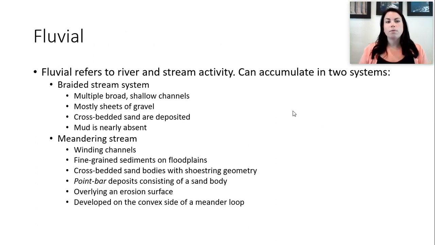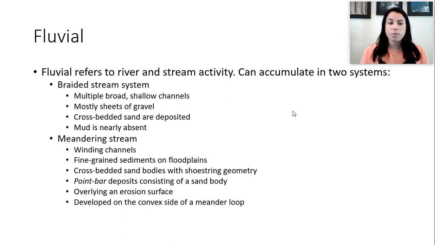So when we talk about a fluvial system, remember that means it has to do with rivers and stream activity. And these can accumulate in two different ways. One is a braided stream system and the other is a meandering stream. So the differences between the two. In a braided stream, you have broad, shallow channels, and you see features like cross-bedding, and typically there is no mud.